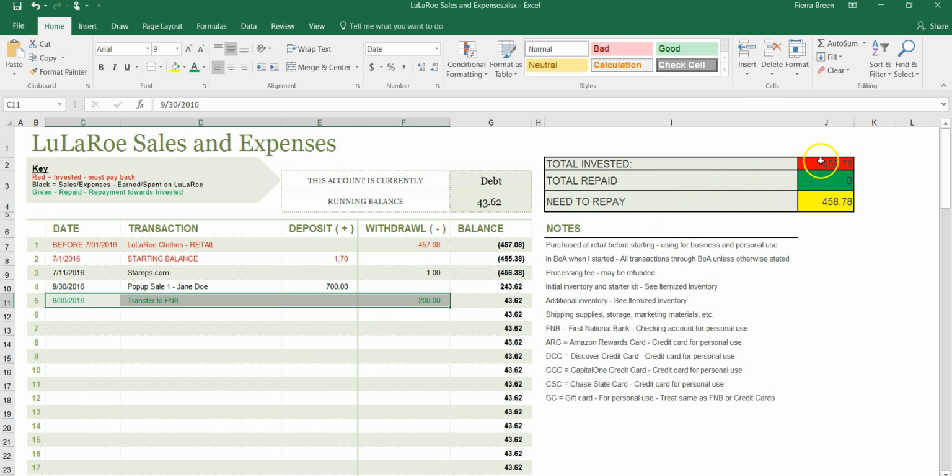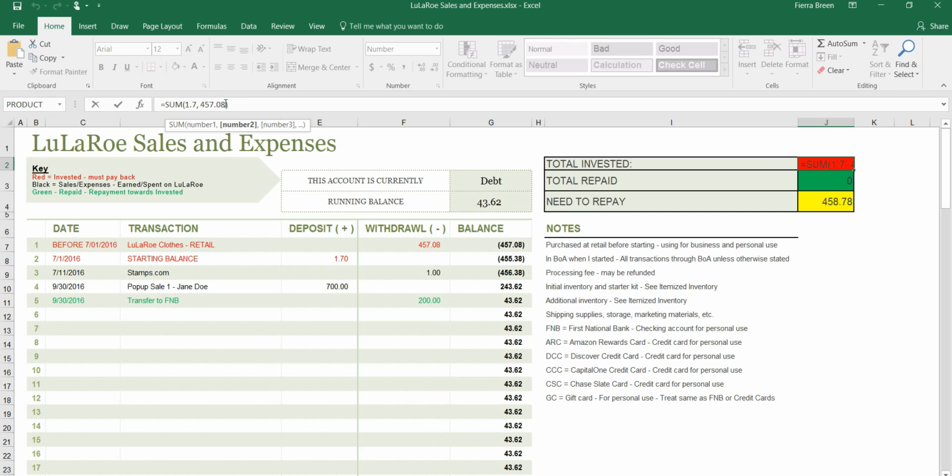Then over here, this is what I've invested, which is basically the transactions that are in red, whether they are withdrawals or deposits, it doesn't matter. They show up in red, and I just take them and add them here. For example, this LuLaRoe clothes retail is the value of the LuLaRoe clothes that I bought at retail through my sponsor Betsy or some other pop-up sale that I attended for my own personal use.